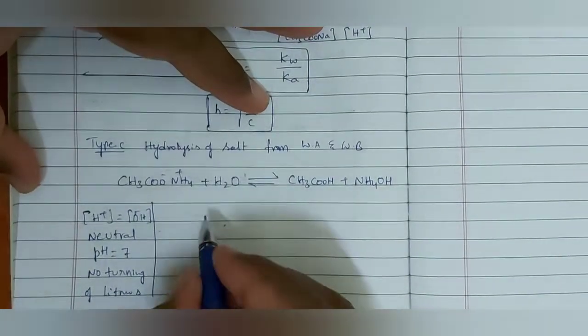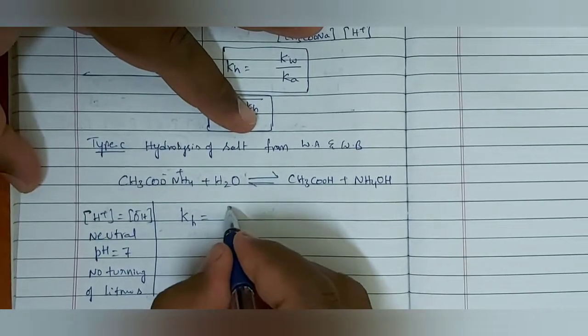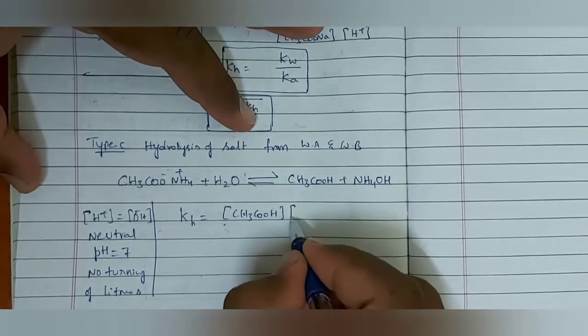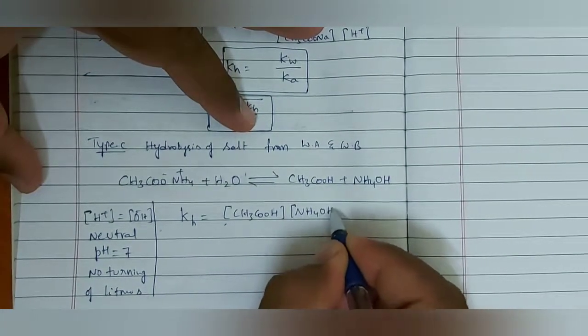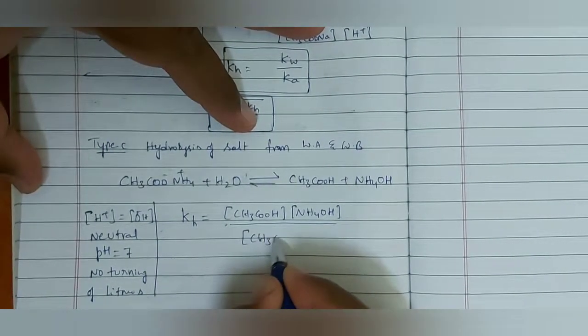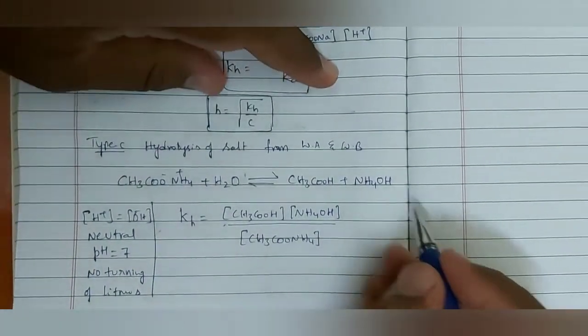Now for this, if you apply the Kh value, concentration of CH3COOH into concentration of NH4OH divided by concentration of CH3COONH4, you will get like this.